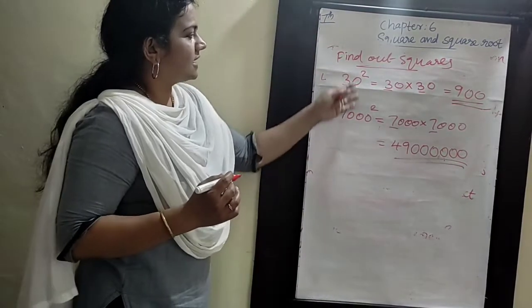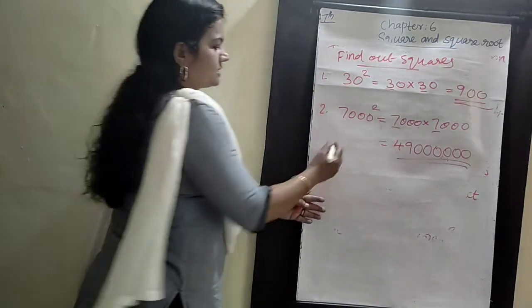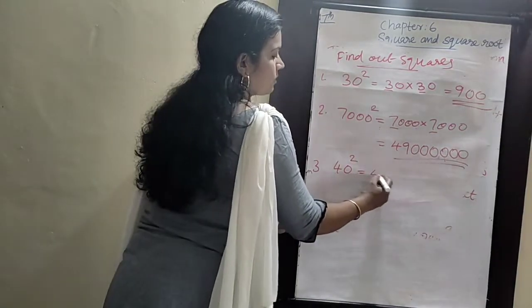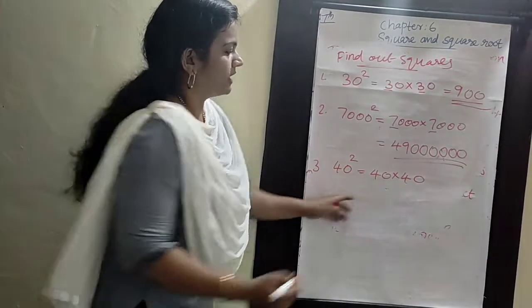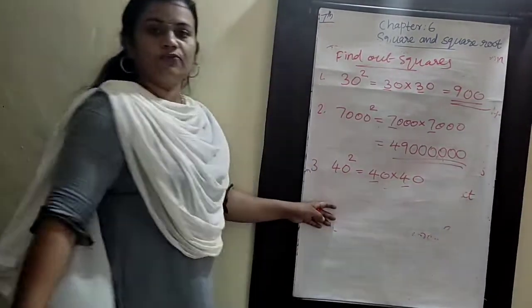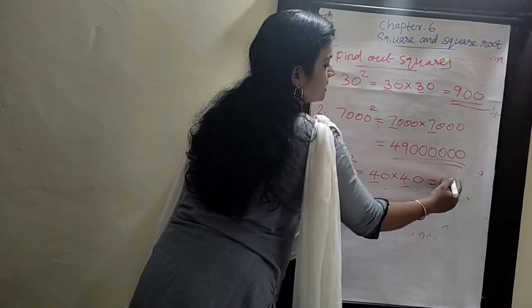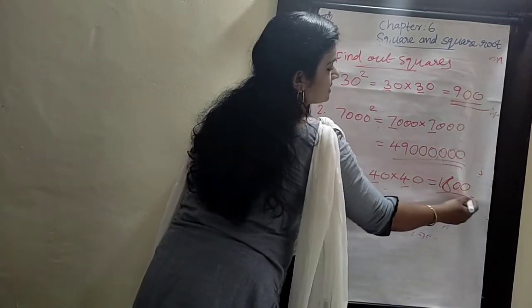This way we can find out the squares. 30 square and 70 square. Simply, what is 40 square? How to write it? 40 into 40. 4 into 4, multiply the numbers only. 4 fours are 16. How many zeros are here? 2 zeros. Then what is the answer?